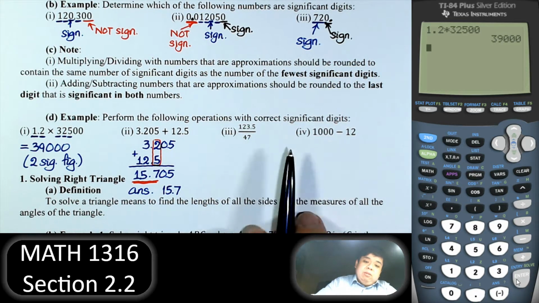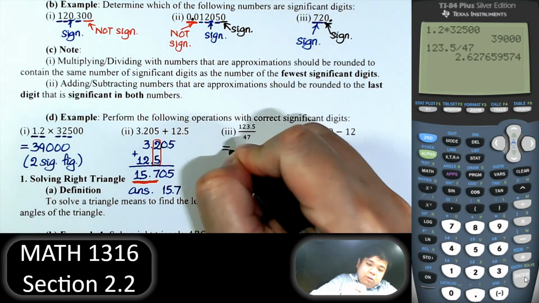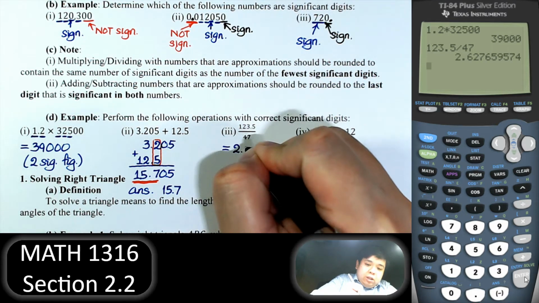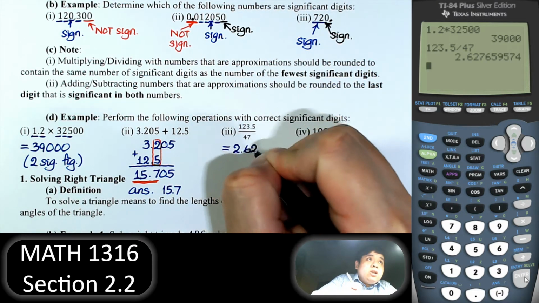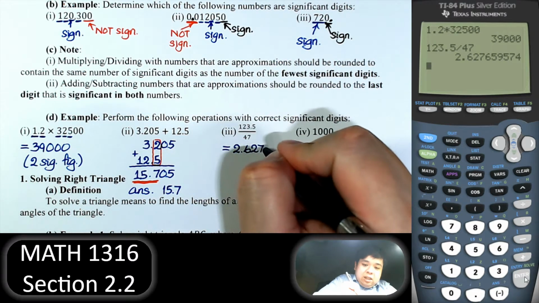Now we divide 123.5 divided by 47. This is equal to 2.62766.